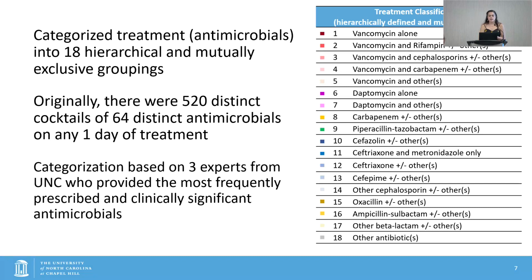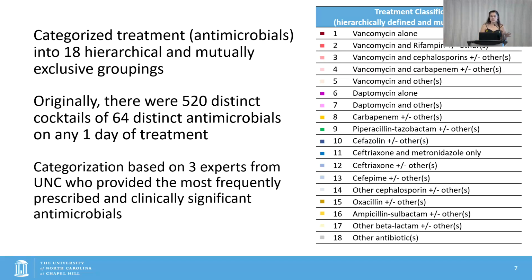We then categorized treatment into 18 hierarchical and mutually exclusive groupings, which were based on the clinical knowledge at our hospital of what's most critical for studying and keeping an eye on during OPAT courses. So these categories came from about 520 distinct cocktails of 64 distinct antimicrobials on any one day of treatment.